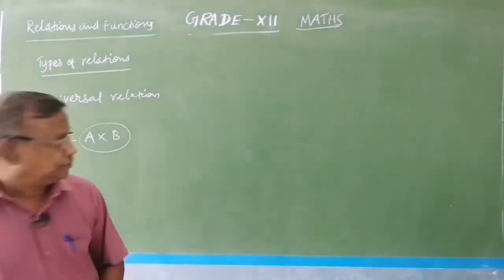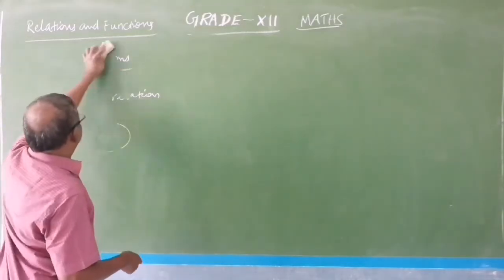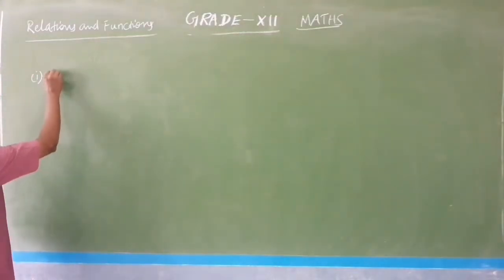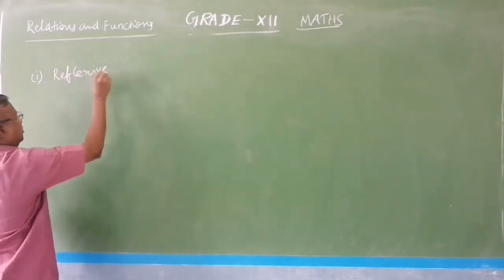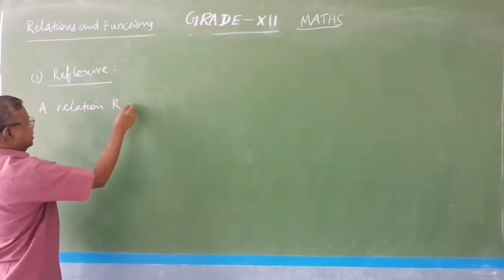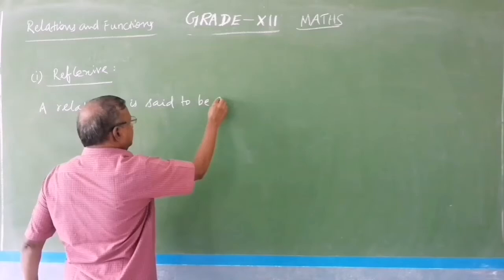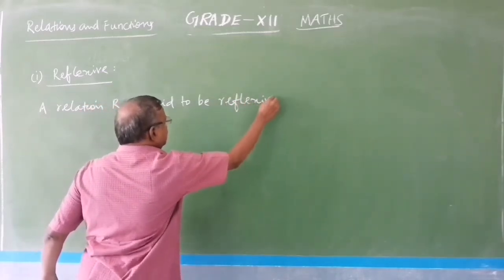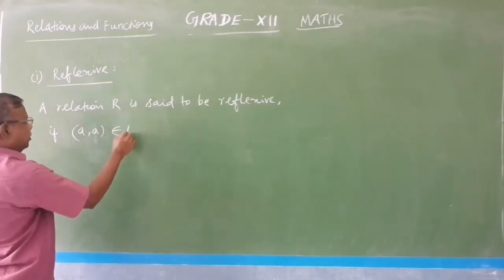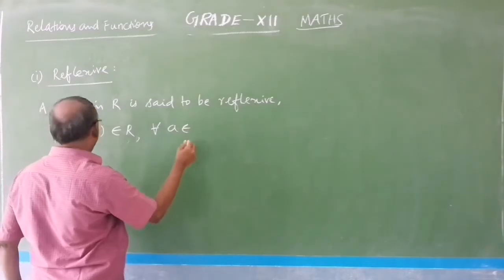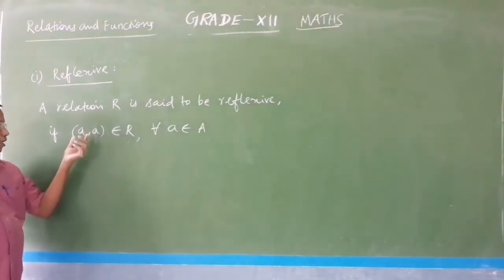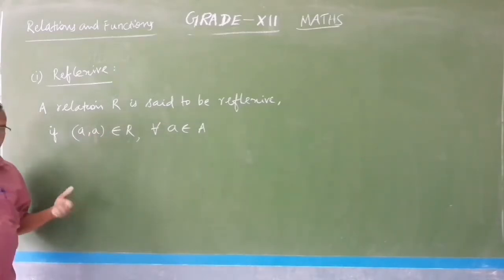First one is reflexive. A relation R is said to be reflexive if (a, a) belongs to R for every a belongs to A. So A is a set, there is an element a in set A, and we must have (a, a) as an element of R. That means (1, 1), (2, 2), (3, 3), like that.